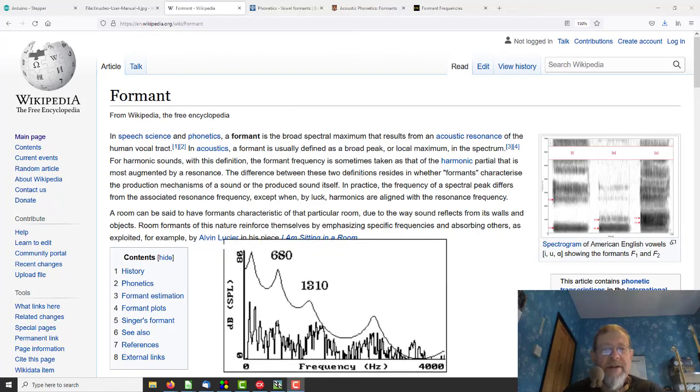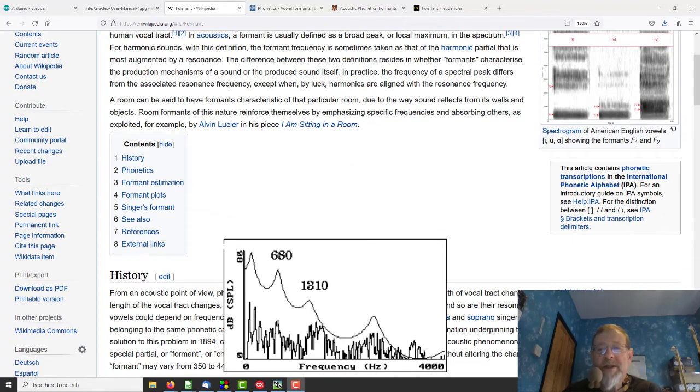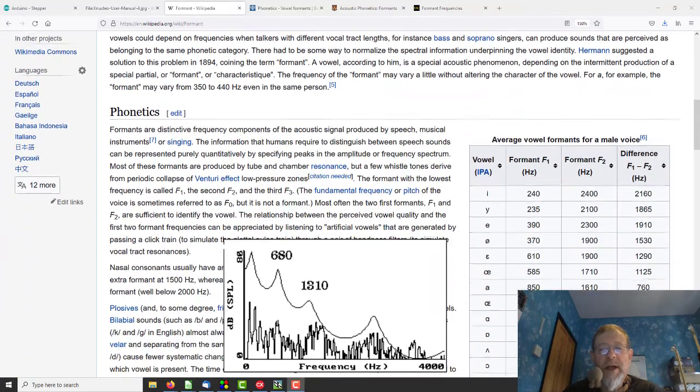And here we have a typical frequency plot of a vowel sound, and here we have Wikipedia's description of it, which is better than mine, so if you want to know more, read that.